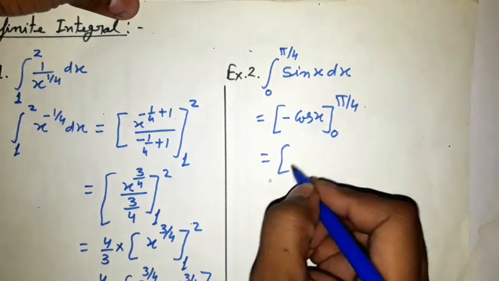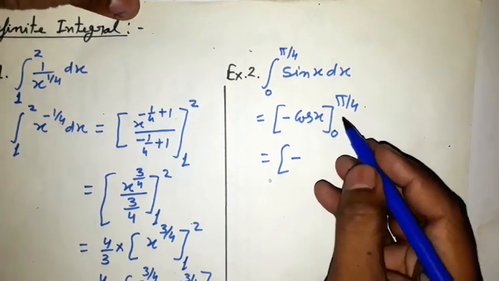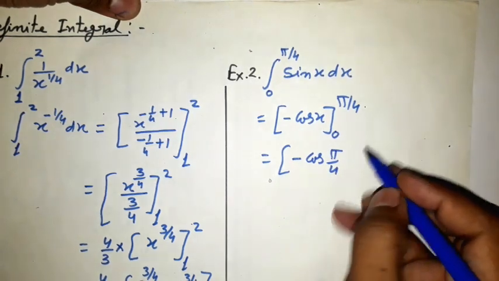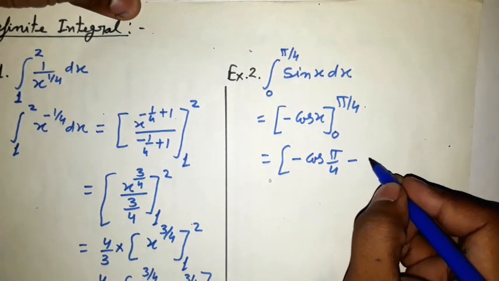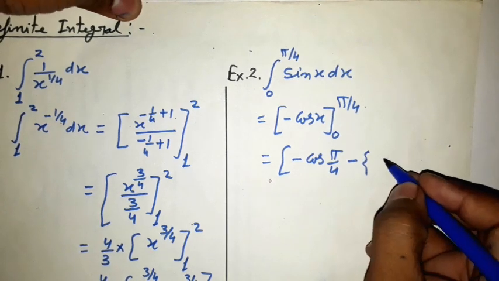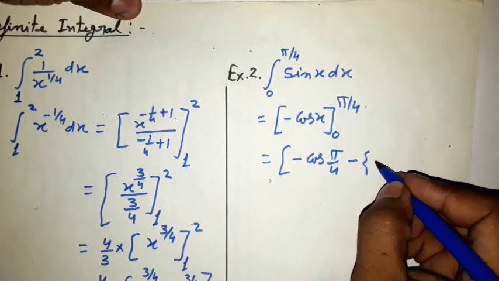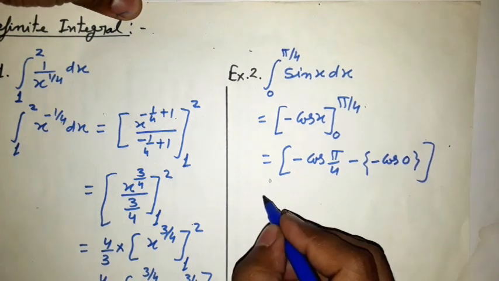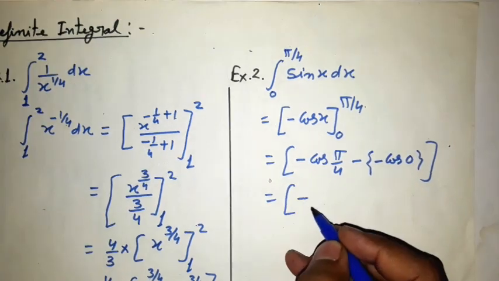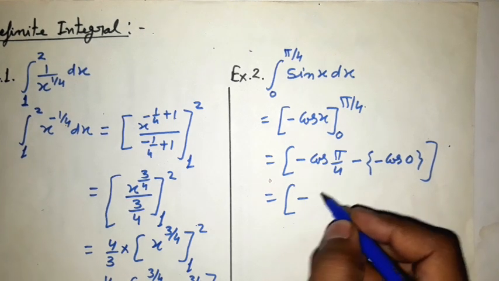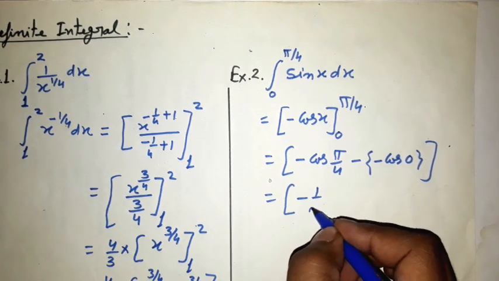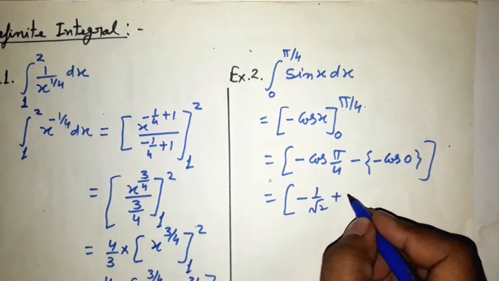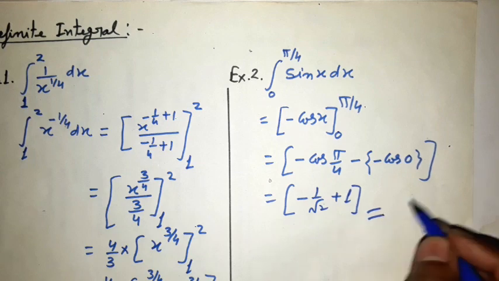Then this will be minus, in place of x we will put the limit, cos pi by 4, then minus minus cos 0. Then the value of cos pi by 4 is 1 by root 2, then minus 1 by root 2, minus minus plus, and the value of cos 0 is 1. So this is the final answer.